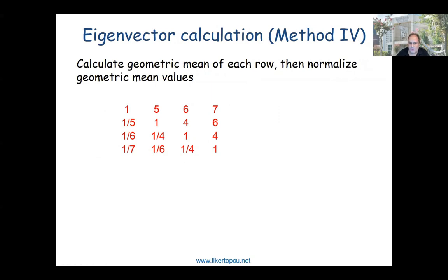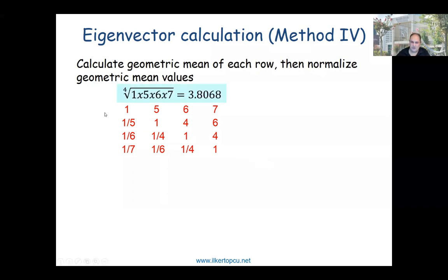In the fourth method, we calculate the geometric mean. If you haven't heard about geometric mean, actually, it is a multiplicative form. Arithmetic mean is an additive form. As we are using a ratio scale for the 1 to 9 fundamental scale, getting an average in a multiplicative form is better.